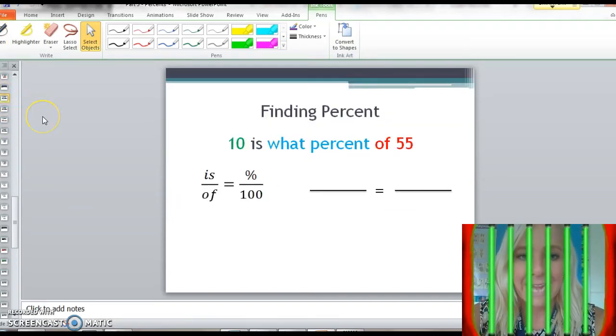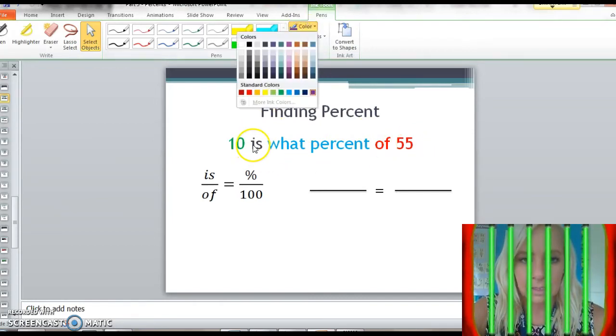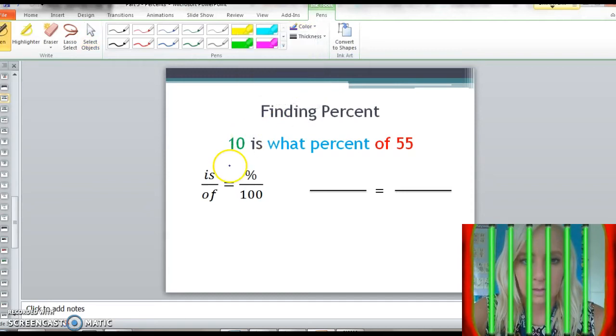Okay, so 10 is what percent of 55? What I recommend that you do is you can color code the problem to help you understand what each part represents. So 10 is what percent? As you notice here, I'm asking what the percent is. So right away, you can plug in your variable.